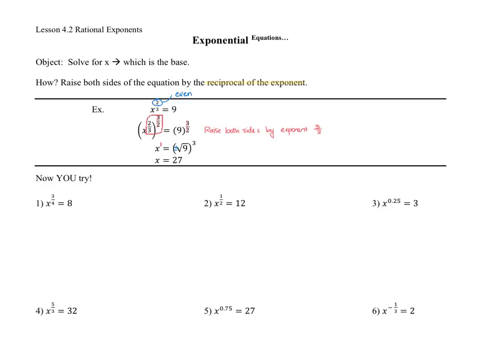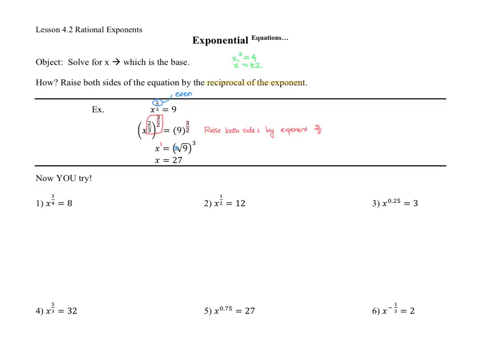Think about a simpler example, like if you have x to the exponent of 4. The exponent is even, so that means we have two possible answers, positive and -2. It's the same thing here. When the numerator of the rational exponent is even and you're trying to solve for the unknown base, when you raise both sides to the reciprocal exponent and then you change the rational part, the 1/2 here, into the index square root, you need to make sure you put that plus minus. So there's two possible answers now.